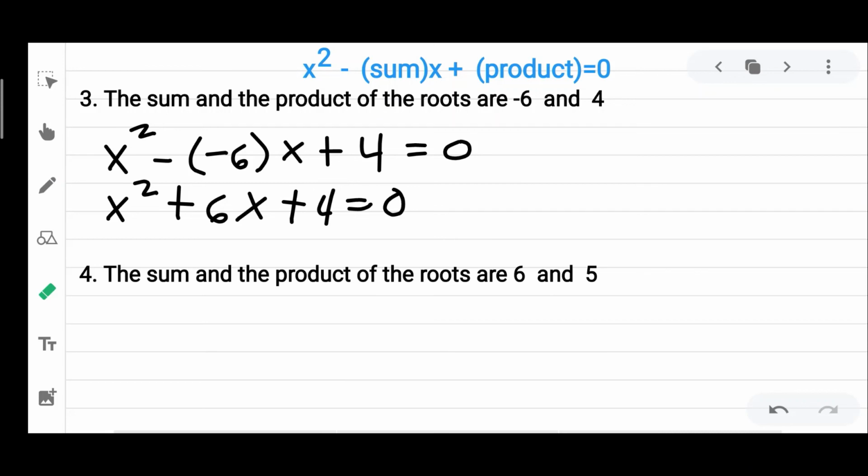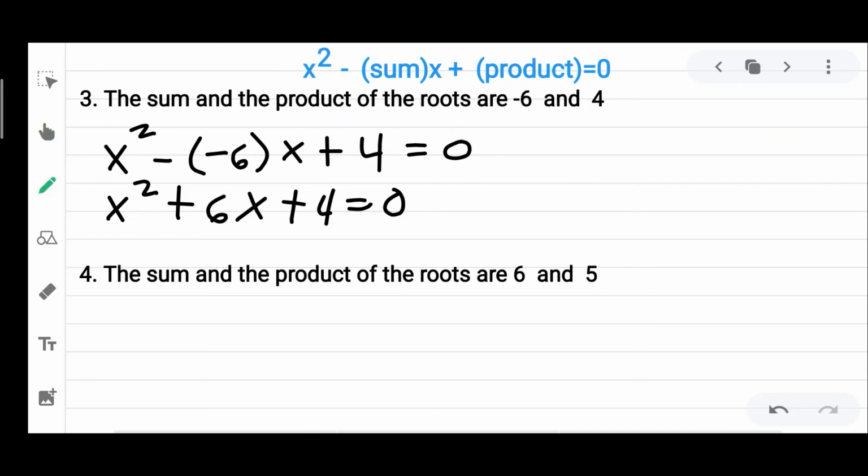For our last example, we will get the quadratic equation given the sum and product of the roots, which is 6 and 5. So, we will use itong form na nakalagay sa taas.